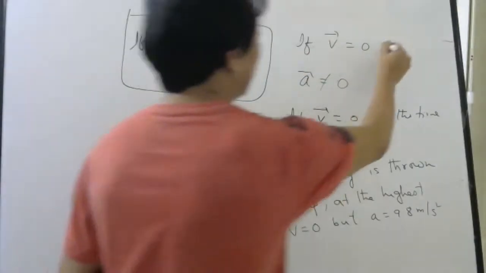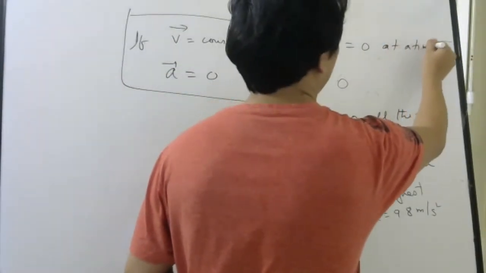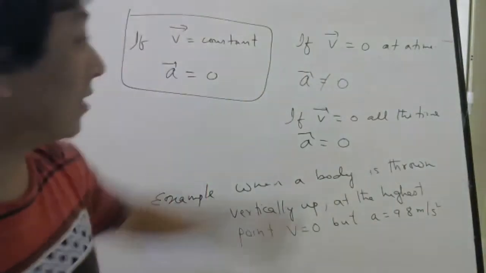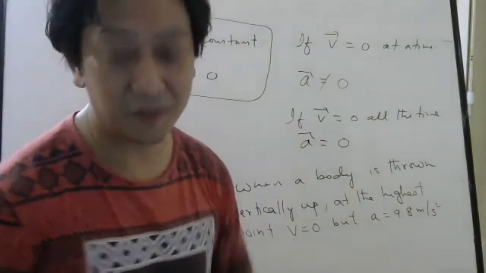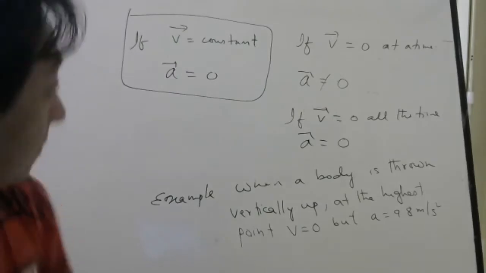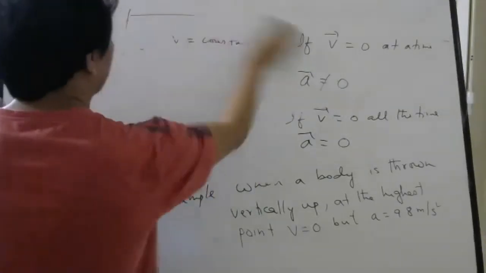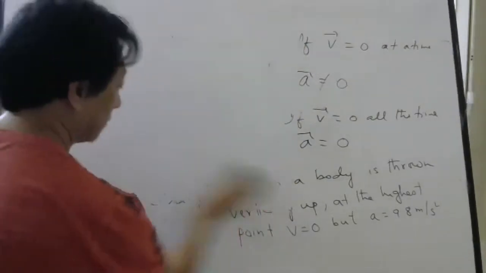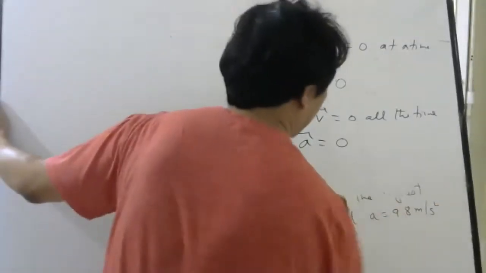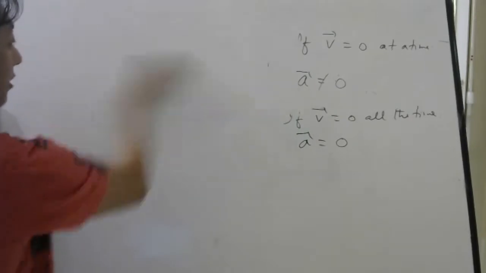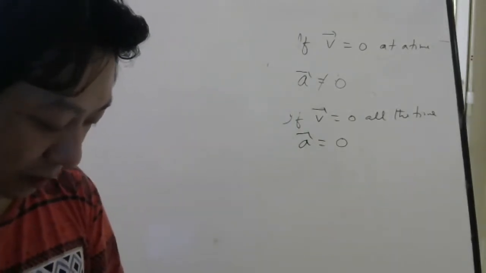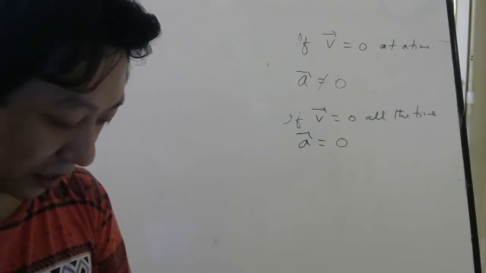But if velocity is 0 at a time, then it doesn't mean acceleration has to be 0. Example is when you throw a body upwards, at the highest point, its velocity is 0, but acceleration is 9.8 meter per second square.